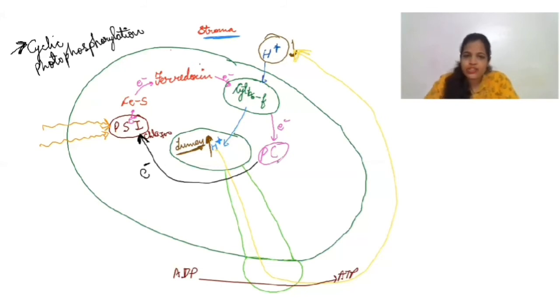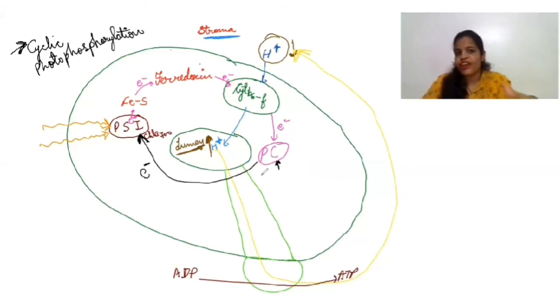Remember that plastocyanin gives electrons to photosystem 1. This point you need to remember. The same thing is going to happen for non-cyclic photophosphorylation also. Quite a few similarities are there, so I'm just telling you what you can remember. Plastocyanin always gives electrons to photosystem 1.